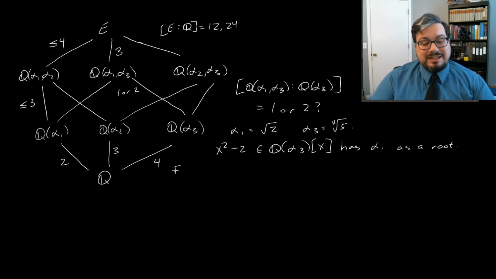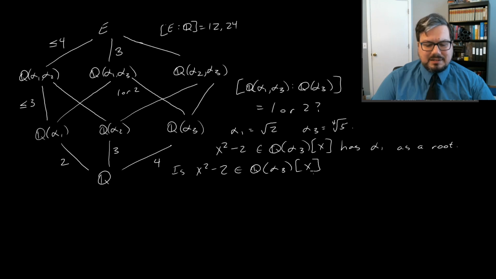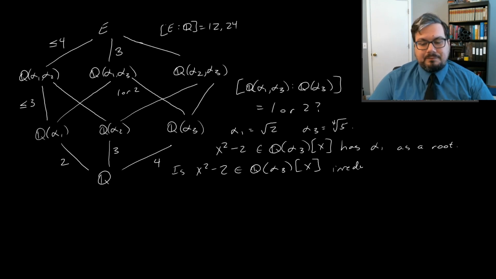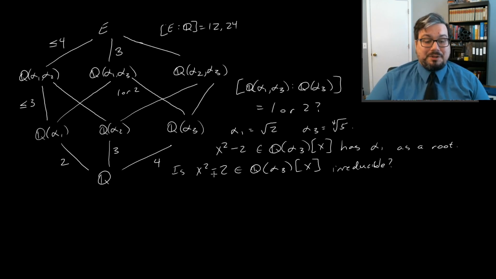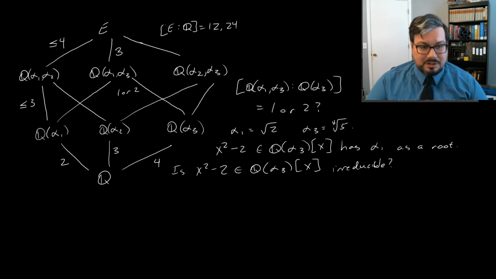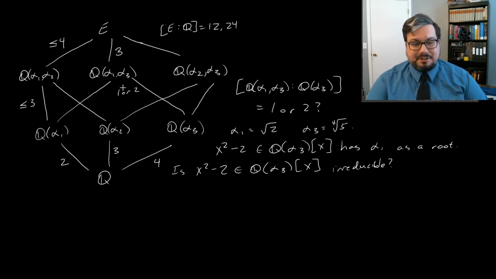So the question is, is x squared minus 2 inside this field Q(alpha 3) adjoin x irreducible? If it is, then it's a minimal polynomial for alpha 1 over this field, in which case the degree of this extension is 2. And if not, then that means that this isn't the minimal polynomial. So the minimal polynomial has lower degree, which means that the degree extension would be 1.